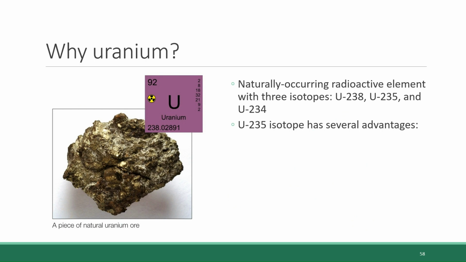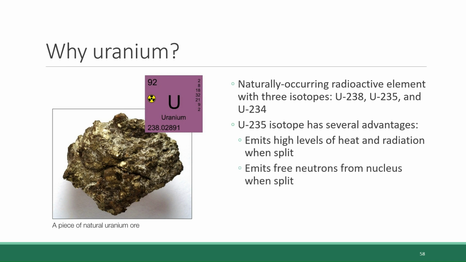The isotope of choice is uranium 235 because it has several advantages. It emits high levels of heat and radiation when the nucleus is split, and that energy is ultimately what we're after. And it also emits lots of free neutrons from its nucleus when split. So the scattering effect and the chain reaction is very strong with uranium 235.